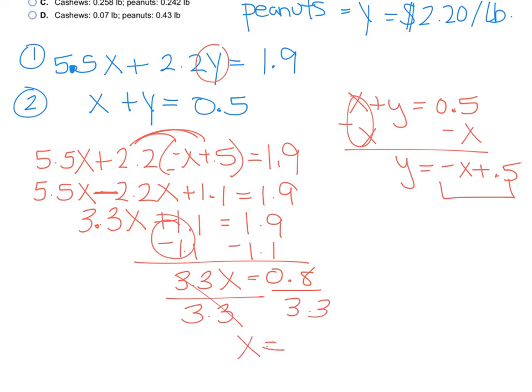We'll do this on the calculator and we get x equals 0.242424, repeating. And if we round to 3 decimal places, we get that x is approximately 0.242 pounds.